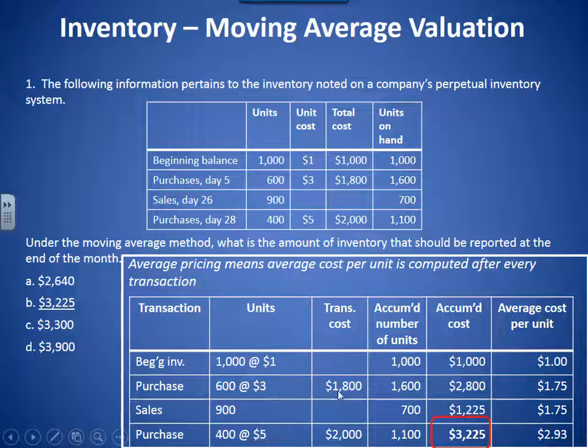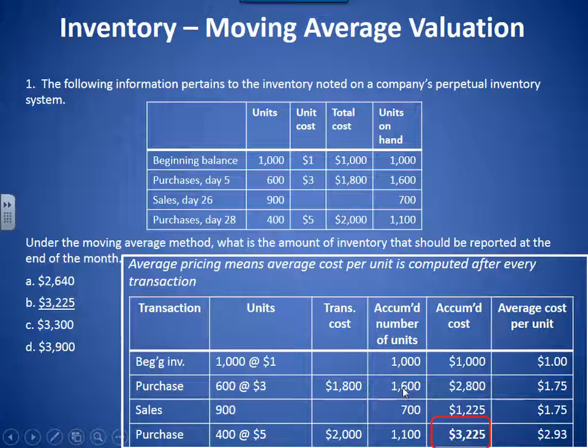The transaction cost in this particular case is $1,800. Now, when I say accumulated number of units, that's the same thing as quantity on hand. So it would be the 1,000 units beginning plus 600 additional units from our purchase, a total of 1,600.